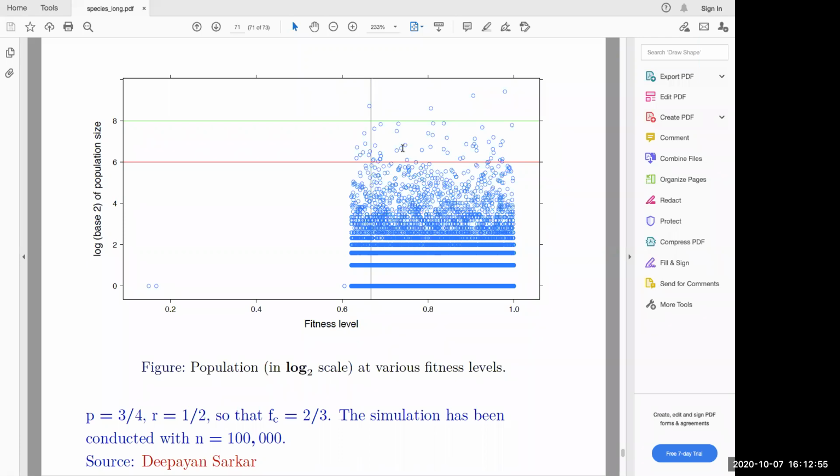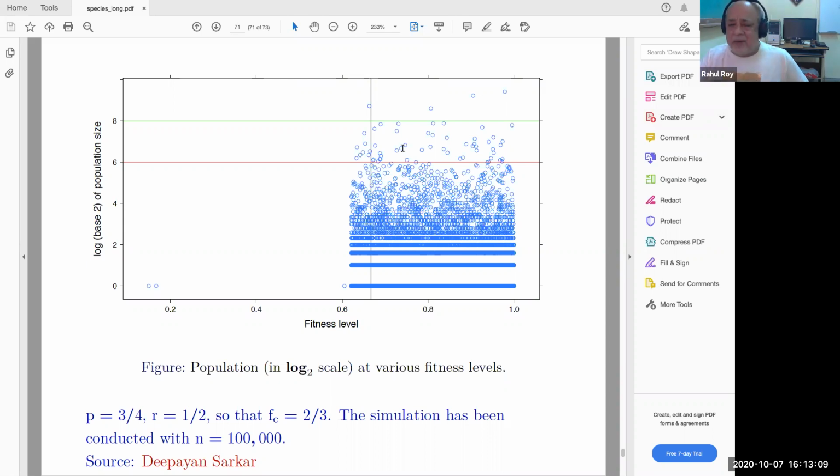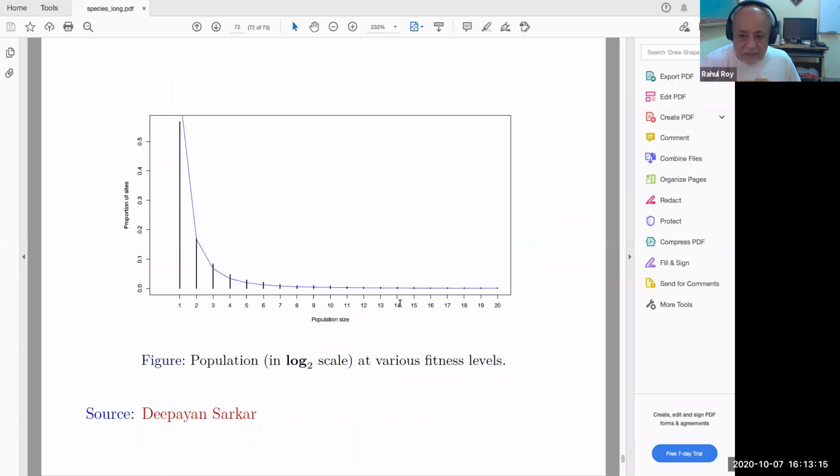So you could have drawn vertical lines at each x, ending at the topmost circle above that fitness level. Is that right? That's the number of people. Okay, I got it, thanks. But it would be so dense you would not be able to see it. Deepa did it for me, but this is much more explicit here.